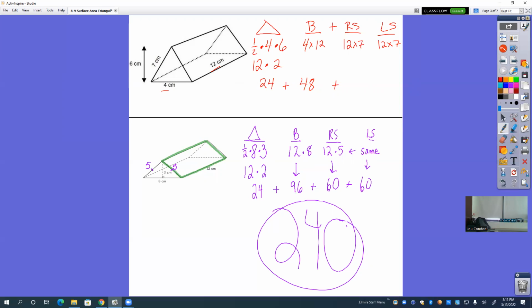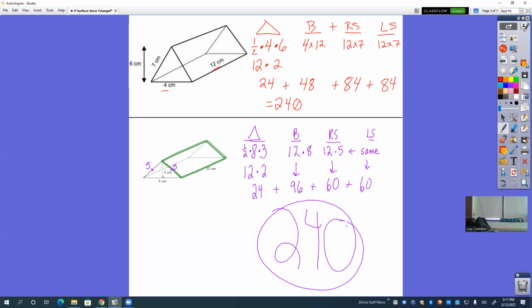So that would be 84 plus 84. Once you have all of your areas of the different parts, 24 plus 48 plus 84 plus 84 equals 240.